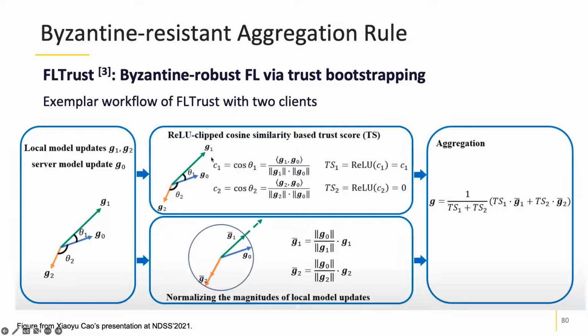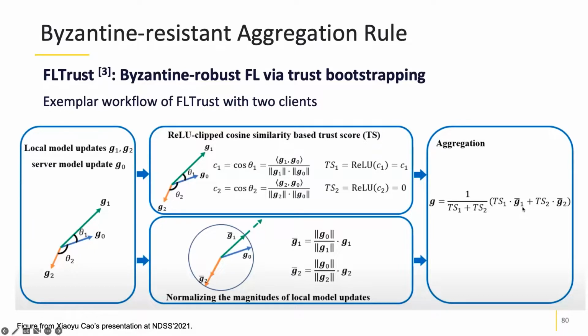In this case, we can see that G1 has a small angular deviation from G0, while the other client, G2, has a large angular deviation. This results in a high trust score for G1 because it's more consistent with the direction of the global model, and G2 will have a very small trust score because its angular deviation is much larger.